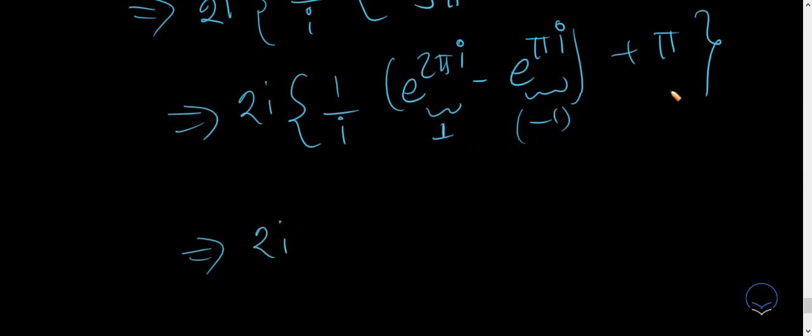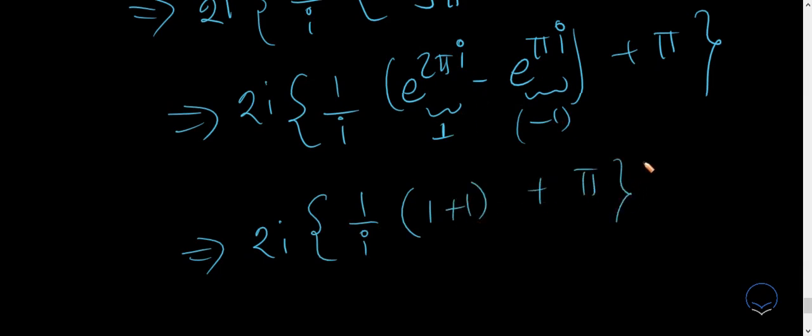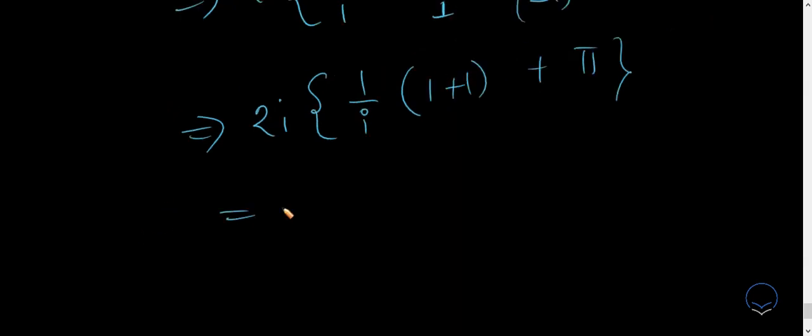So 2i. Now if you carry out the rest of the calculation, that is just putting these numbers over here, it's 1 upon i, and here you have 1, there is a minus 1 and there is a minus over here, so 1 plus 1, and there is a pi. Now just multiply by 2i because 2i is outside, so you will have 2 over here and an i over here, so this i and this i will cancel out, these two and these two will get multiplied, so there will be a 4, and then you will have a 2 pi i.